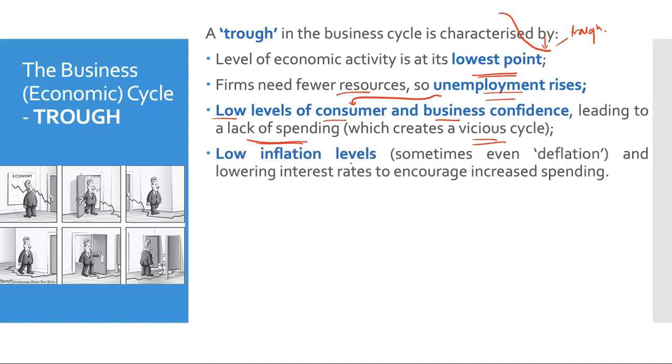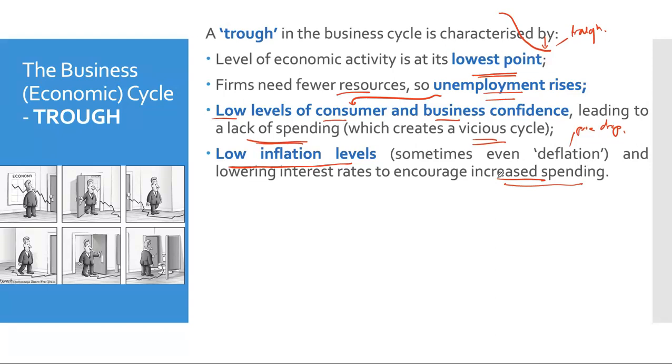This leads to low inflation levels, sometimes even deflation, where prices don't just rise slower, they actually drop, and lower interest rates because we're trying to get out of this trough. So we're trying to increase spending, which is a bit hard when low consumer and business confidence is occurring. So how do we try and get that confidence back up?